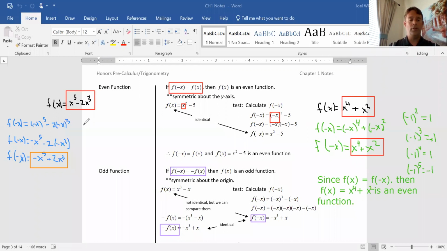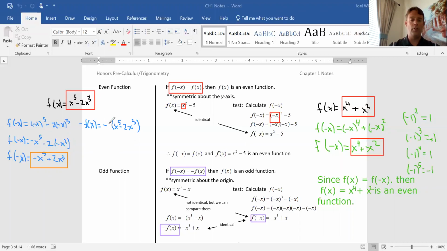So we're still going to use this, but now I'm going to multiply everything by negative f of x. So I'm going to multiply the entire thing by negative. When we're multiplying by negative, realize what that really is.